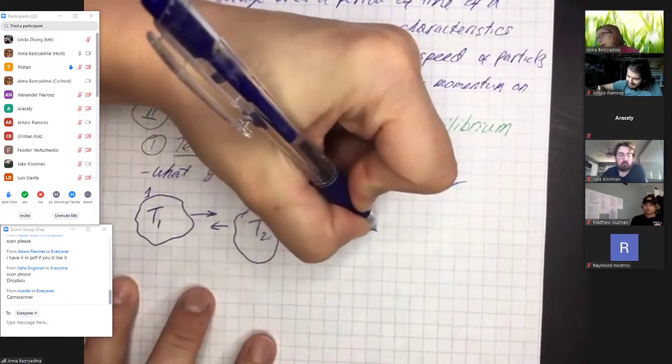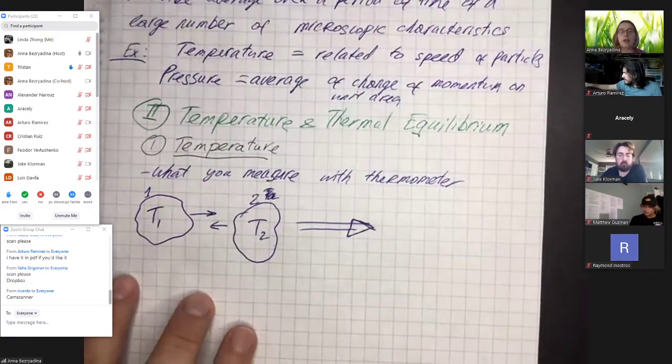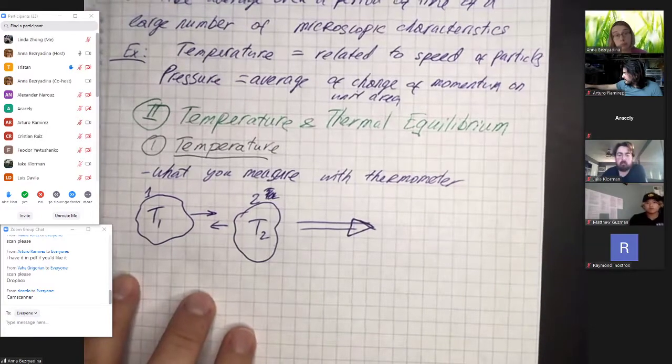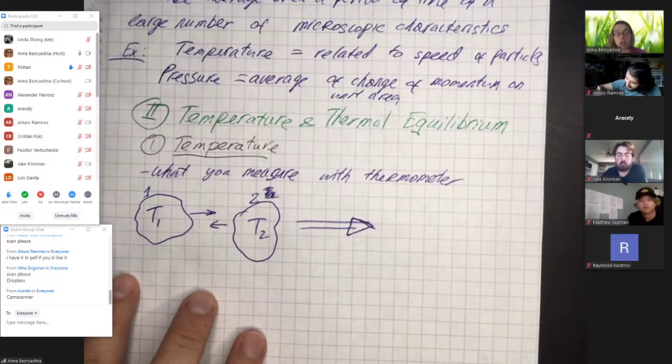Guys, I'm sure you know what will happen if we put two objects together and they touch each other. Temperature will transfer from the hotter one to the colder one. Exactly, until these two objects reach thermal equilibrium.